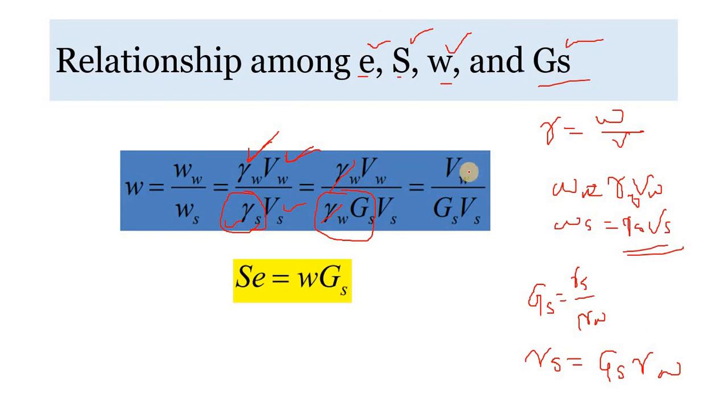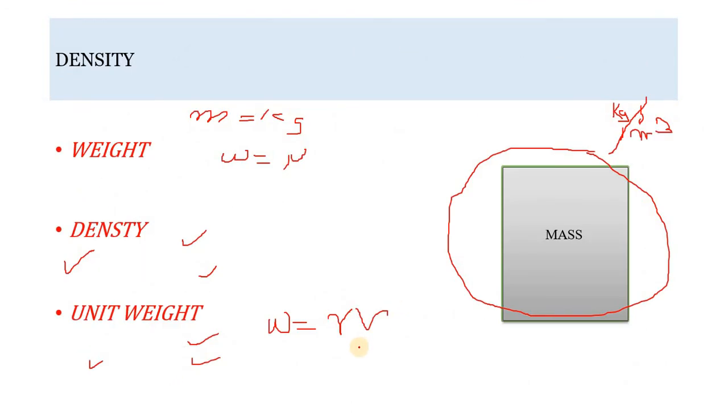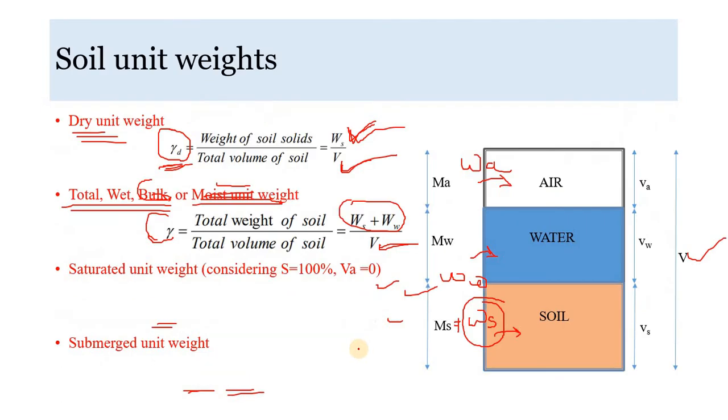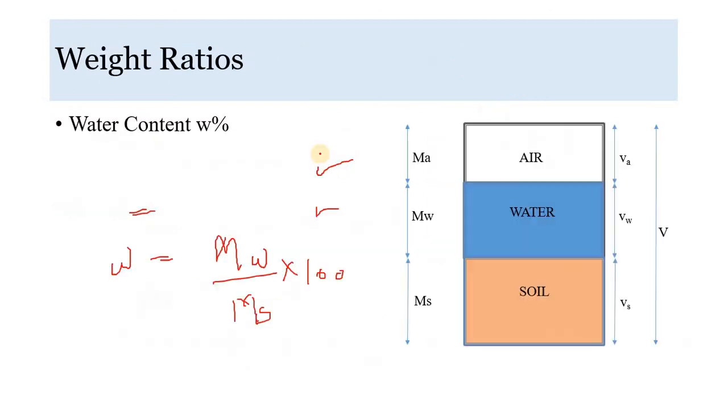So राहिलं काय, volume of water to the volume of soil. आता we know that void ratio, volume of voids to the volume of soil, is nothing but a void ratio.